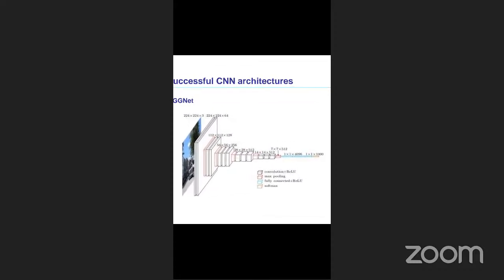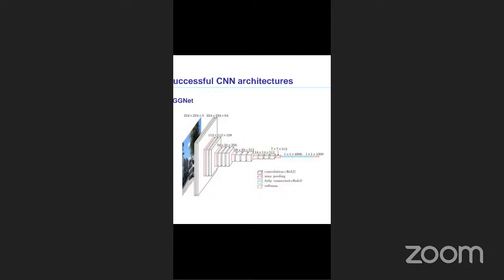It starts with 224 by 224, that is a 3-channel RGB image. And it will be taken into 64 frames. That is, 3 images will be taken up to 64. After doing downsampling, it is 112 by 112 by 128.